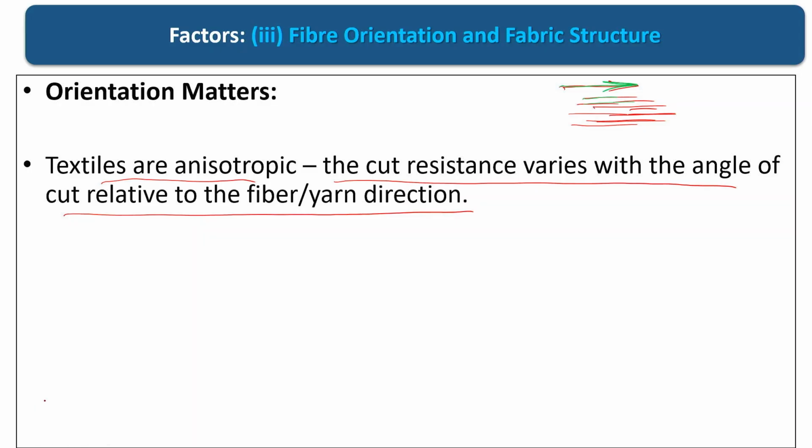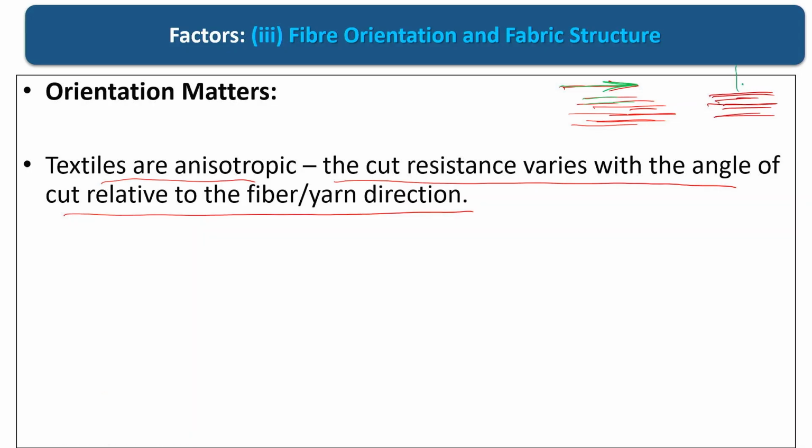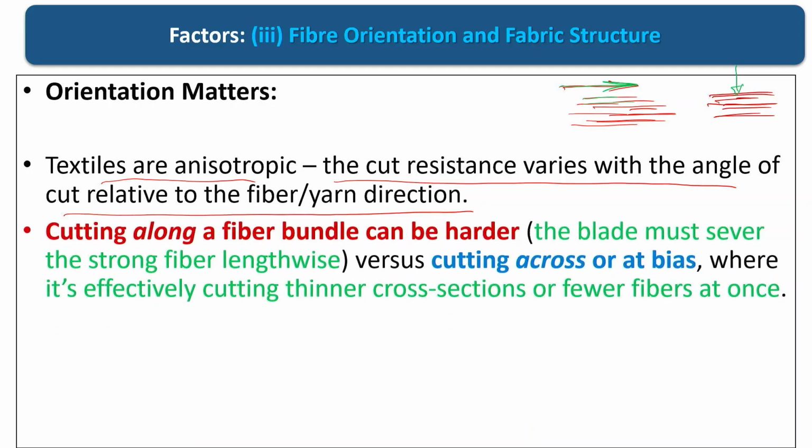But if the direction of cut is in normal direction, this is the direction of cut, then the cutting will be easier. So, fiber and yarn direction is very important with respect to the cutting direction.